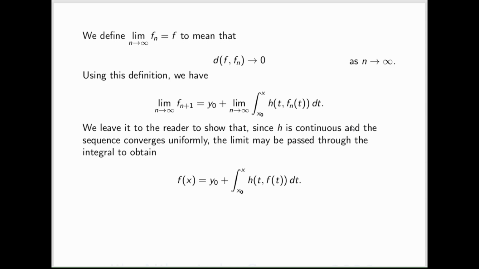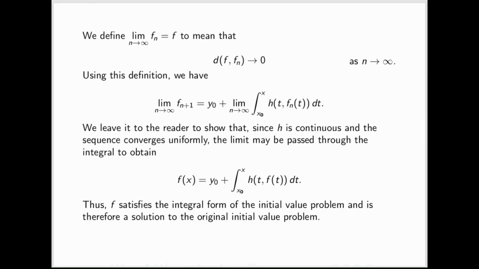Then, through all these conditions that we state, we can bring the limit inside the integral. In this limit, by definition, fn goes to f. And so bringing the limit inside of h, we end up with the integral from x0 to x of h of t and f of t dt.